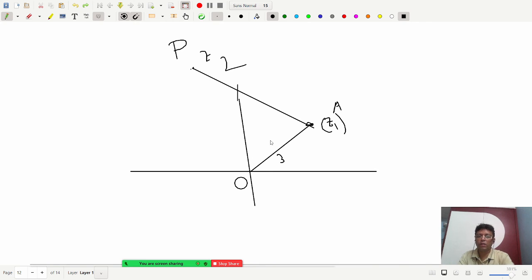Sorry, it's very difficult to draw with a mouse. So OP is the complex number Z2, the new position. Now you have to find out this angle. This is 3, this is pi by 4.